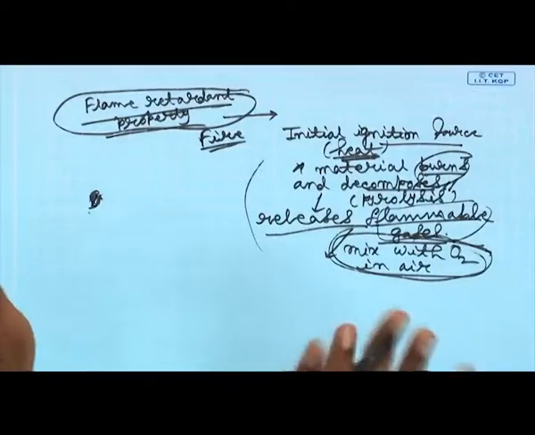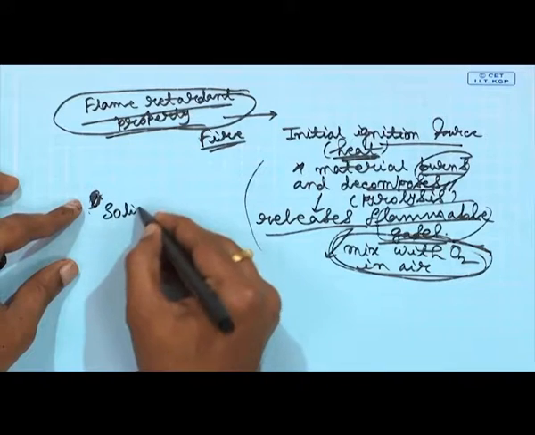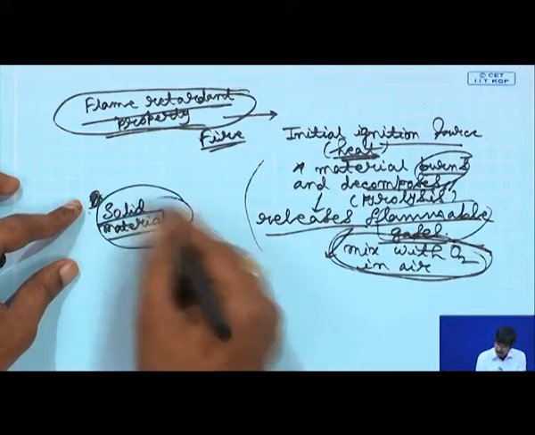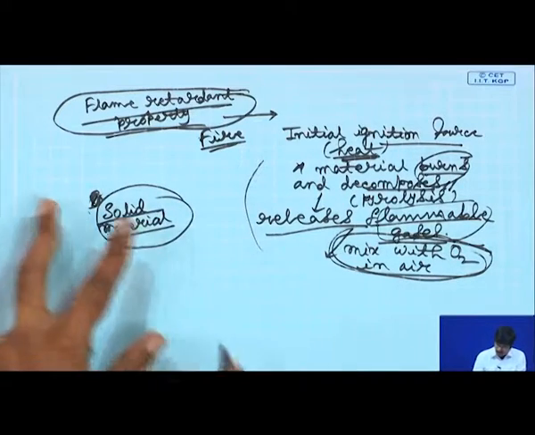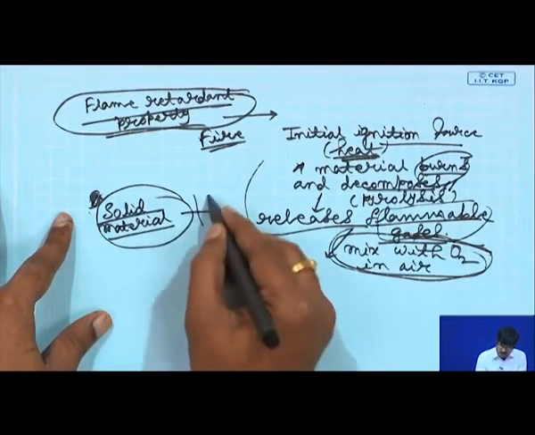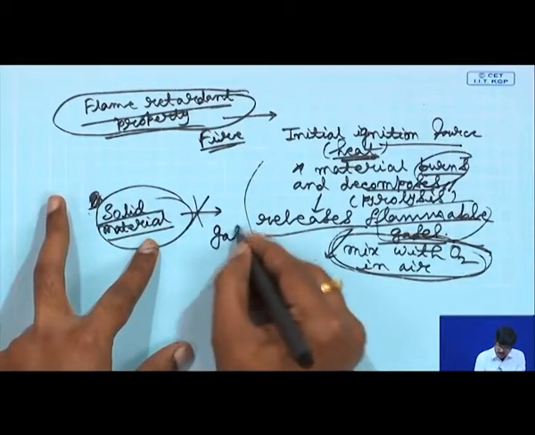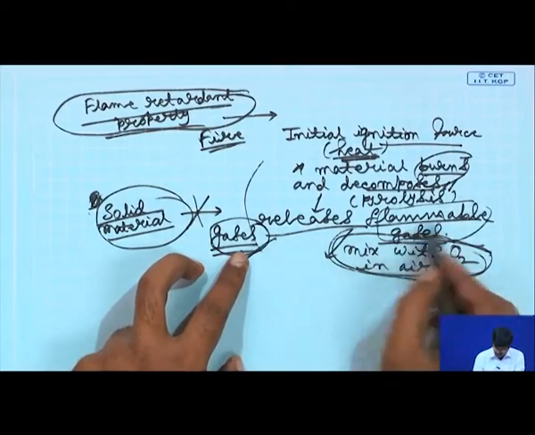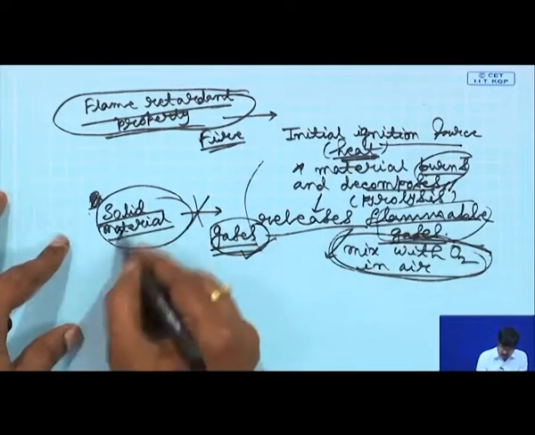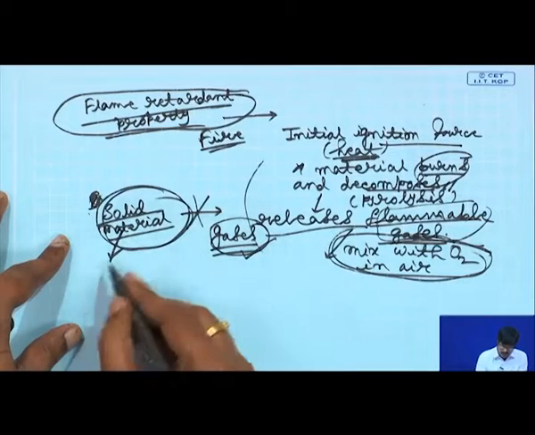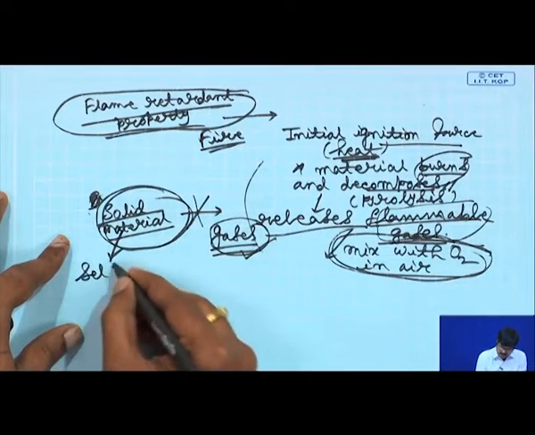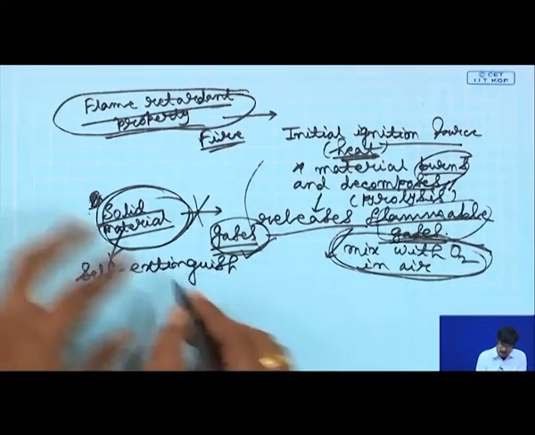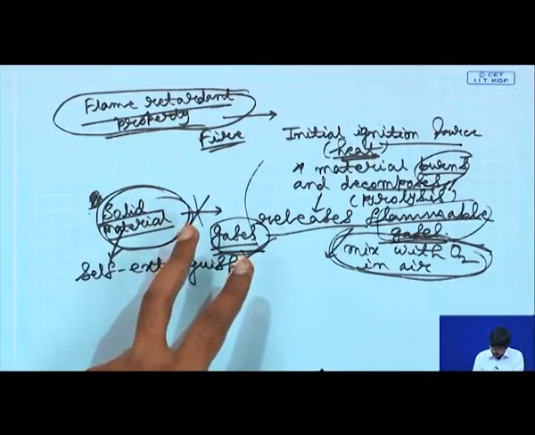So, you want to stop that feeding. What you can do is stop the decomposition of this solid material to these flammable gases. Then the fire will not get any fuel and it will stop. So, basically your solid material will self extinguish if you can stop the formation of these gases.